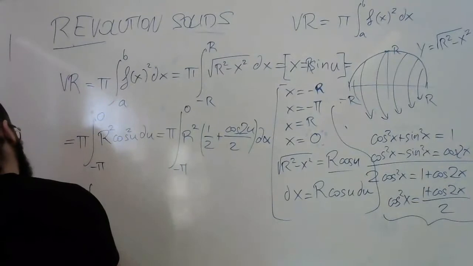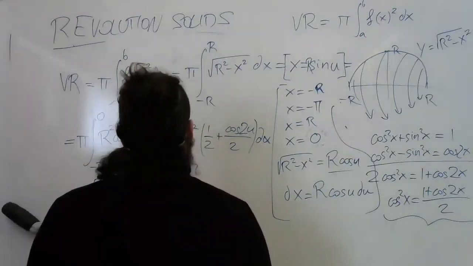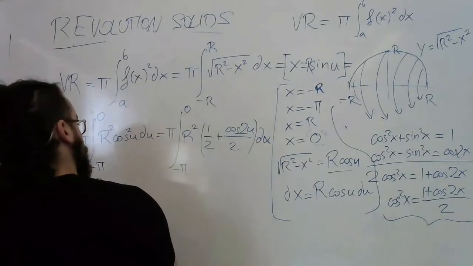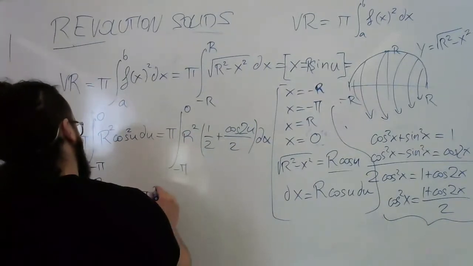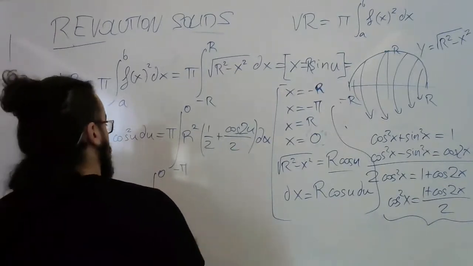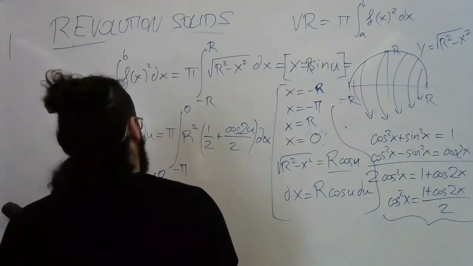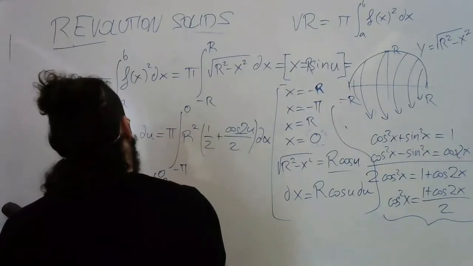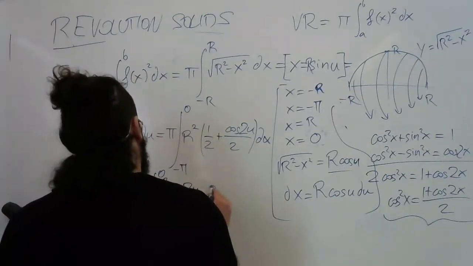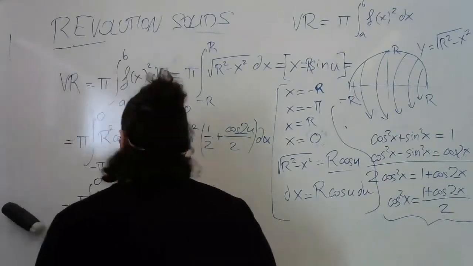This is pi integral between minus pi over 2 and pi over 2 of r squared 1/2 differential of u, plus pi integral from minus pi over 2 to pi over 2 of r squared cosine of 2u divided by 2 differential of u.